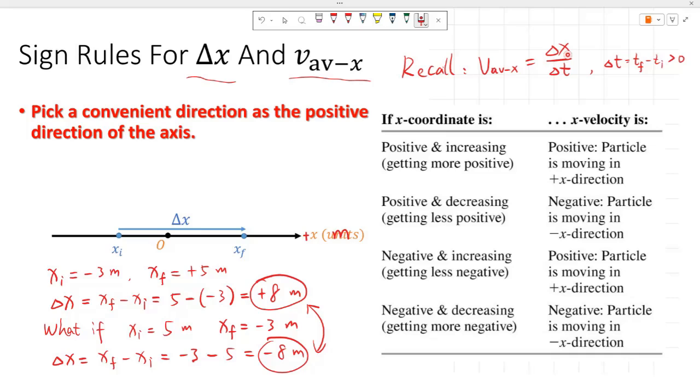And if the displacement is negative, the average velocity is going to be negative. It's all because of the positive denominator. So simply put, the average velocity and the displacement are going to have the same exact polarity in their values. Therefore, they will have the same direction for the corresponding motion, thanks to the way we define the average velocity based off the displacement.